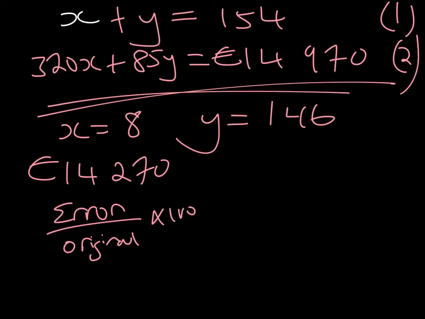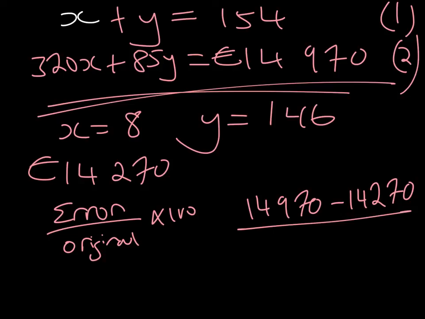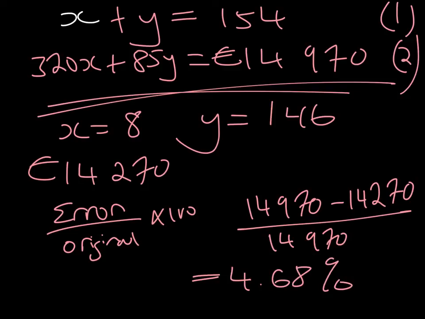So here the error is going to be 14,970 minus 14,270. We're going to divide that by the correct amount, which we know was 14,970. And if you multiply that by 100, you end up with an answer of 4.68% error.